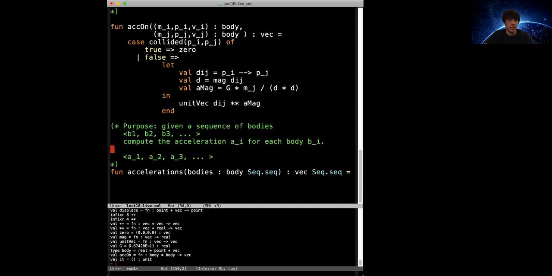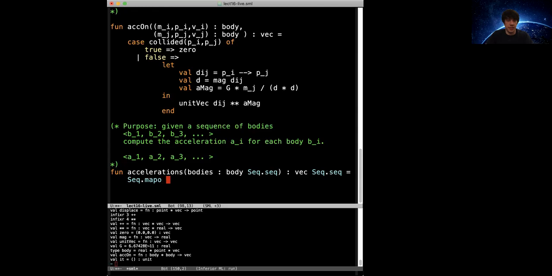The reason we're producing a sequence of vectors is that for each body B1, B2, B3, we generate a corresponding acceleration A1, A2, A3.